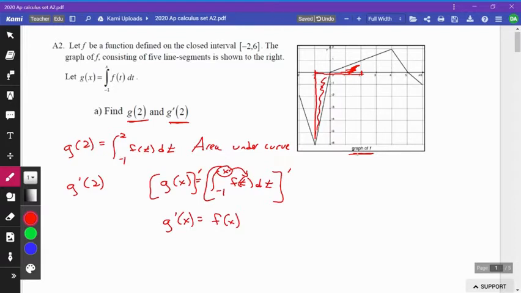So I know that this is the graph of f. It is also the graph of g prime. So if I'm trying to solve this out, g prime of 2 is going to equal f of 2, and that's just going to be the position on the graph.